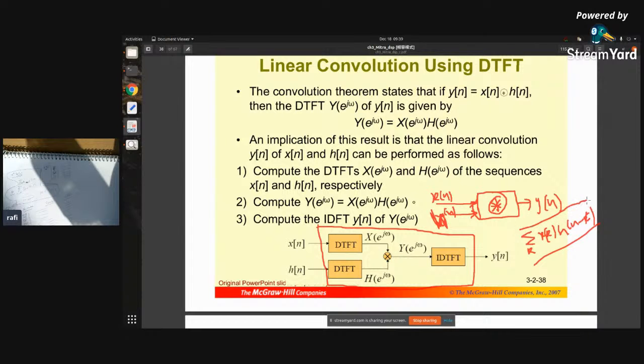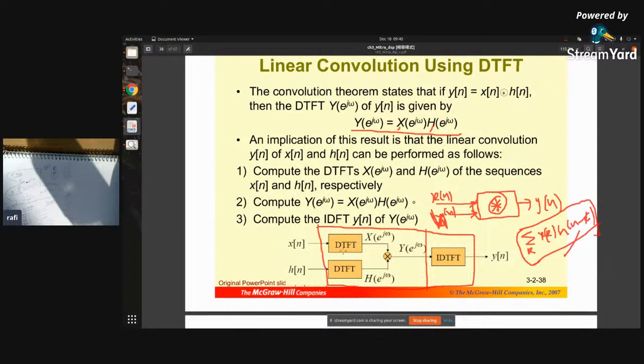Instead of implementing this, what we can do is find the DTFT of x of n, that is X, and the DTFT of h. Then Y of e^{j omega} is the DTFT of x times the DTFT of h. That gives you the result in the frequency domain.